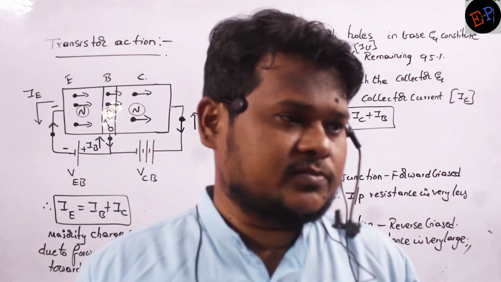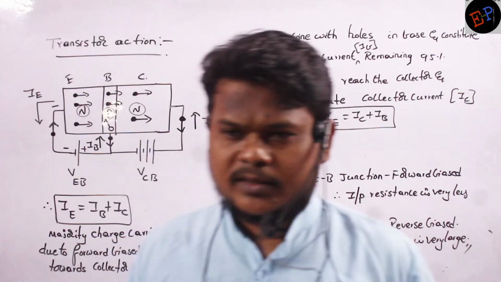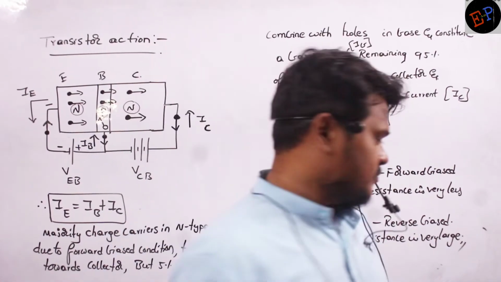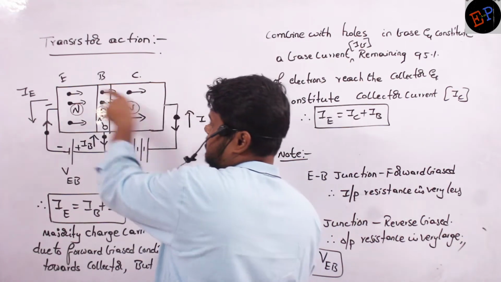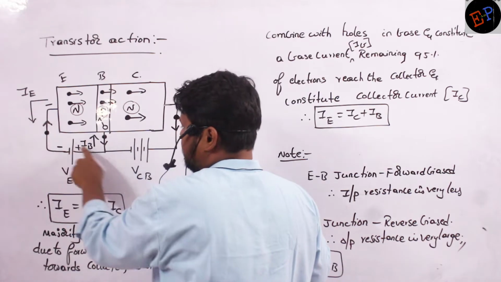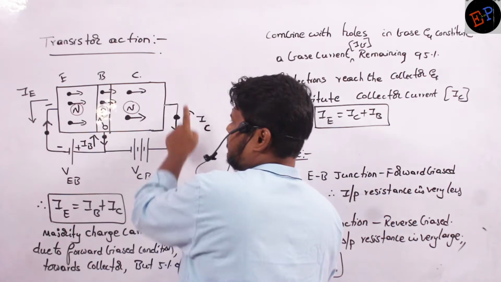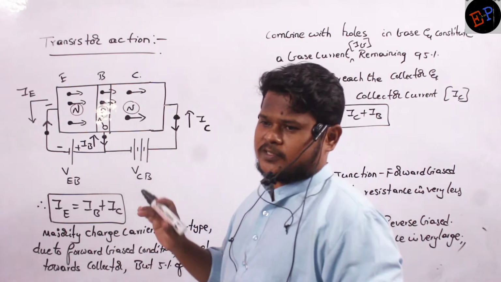If electrons are moving in one direction, positive charges are moving in the opposite direction. So if this is the direction of electrons, this is the direction of current. This is emitter current, this is base current and this is collector current. But electrons are moving exactly in the opposite direction.